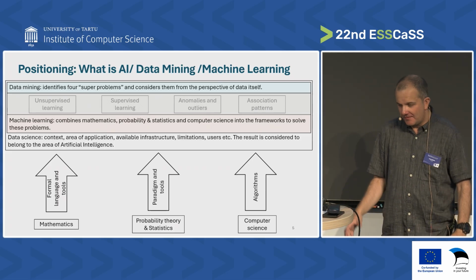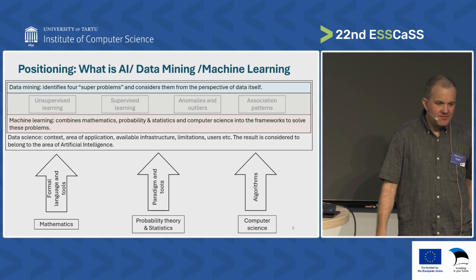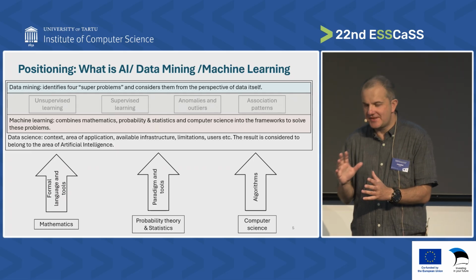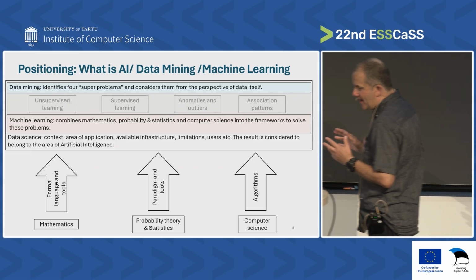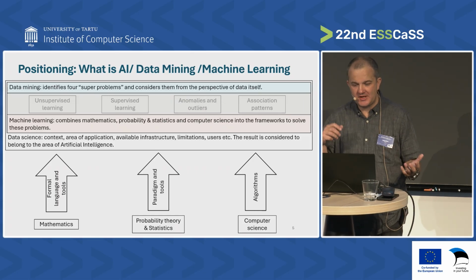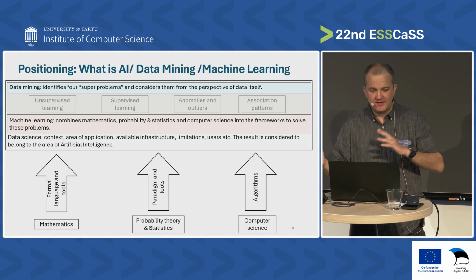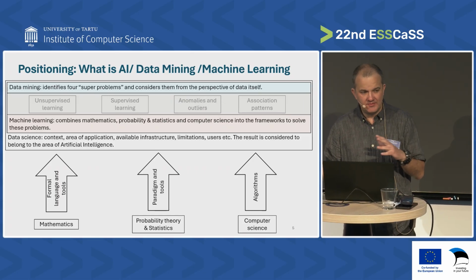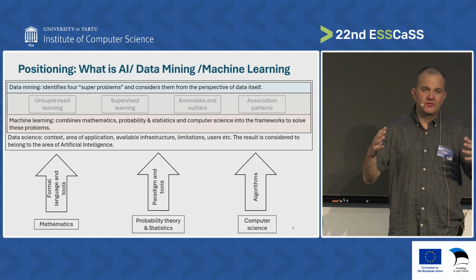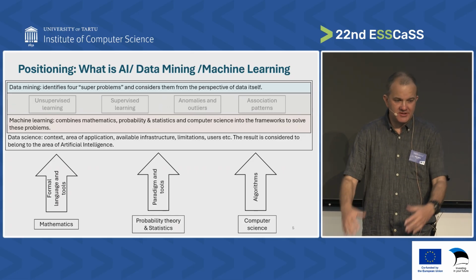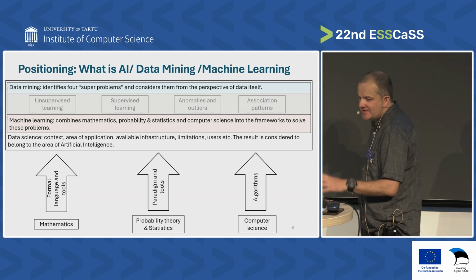I know that this diagram which I present here misses one very important part, and it may anger some researchers who work mostly in the part of reasoning, in the part of logics, automata, because this also may belong to the area of artificial intelligence, but it's not presented here.